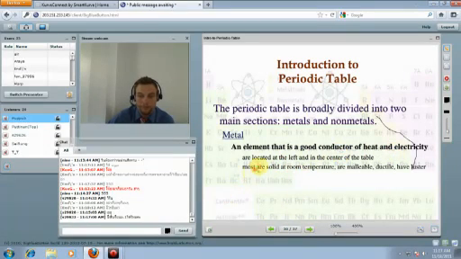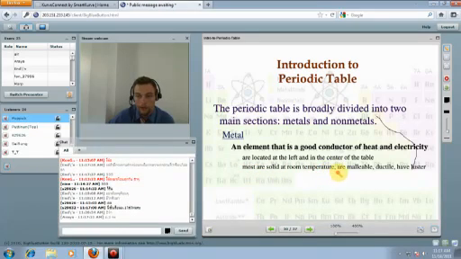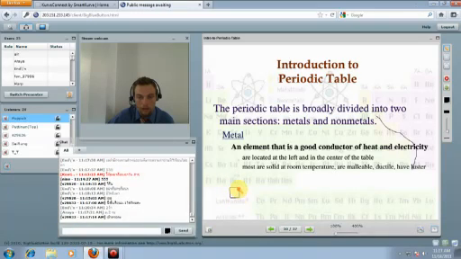What is a metal? Well, most are solid at room temperature. They're malleable, which means you can flatten them.